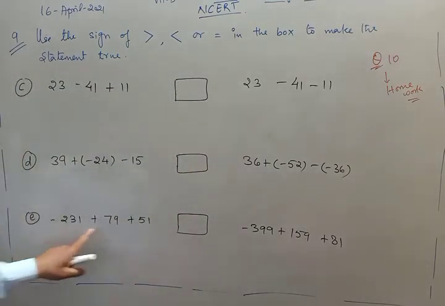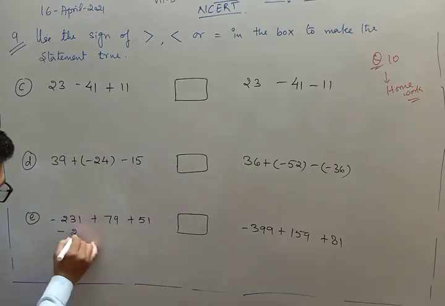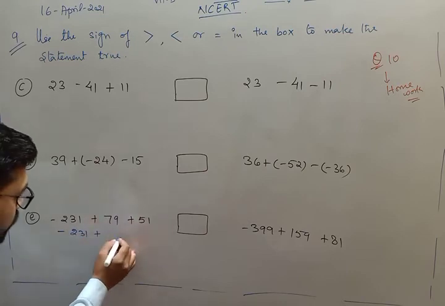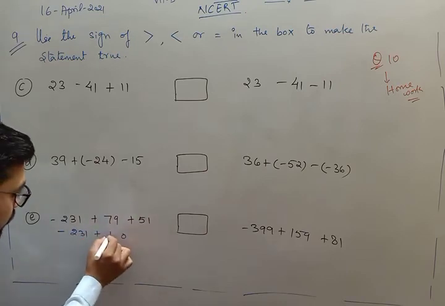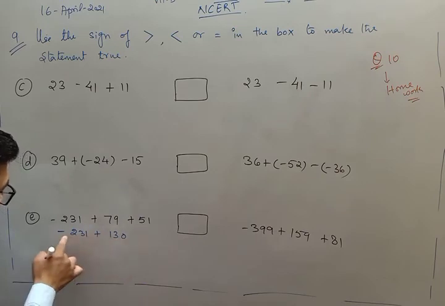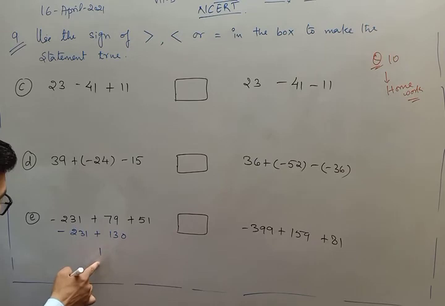So minus 231 plus 79 plus 51 can be written as minus 231 plus 9 plus 1, 10, 7 plus 5, 12 and 13. Now this is negative, this is positive. So 1 minus 0 is 1, 3 minus 3 is 0, 1 minus 1 is 1, so minus 101, right?